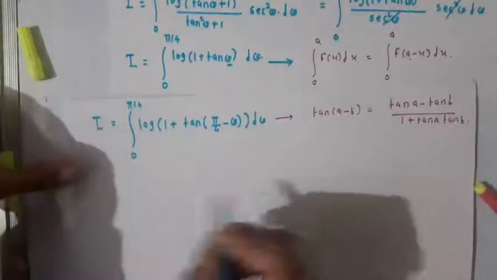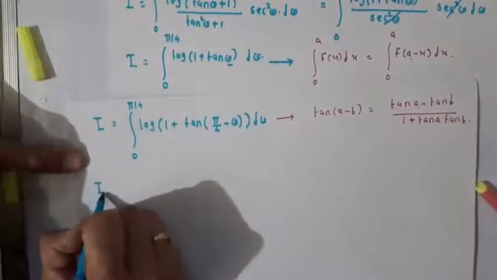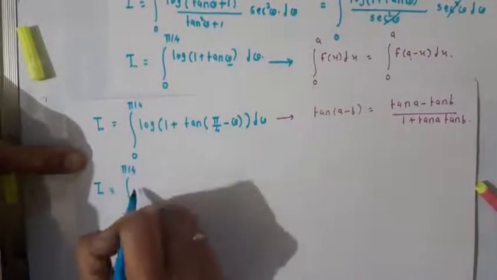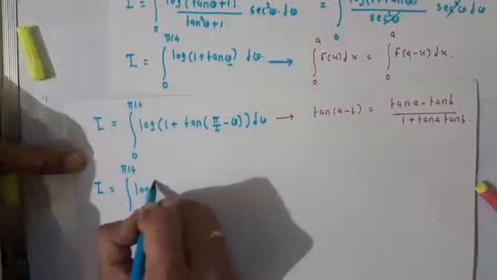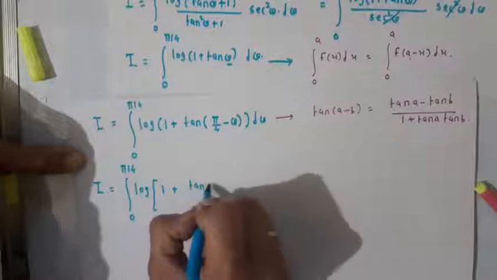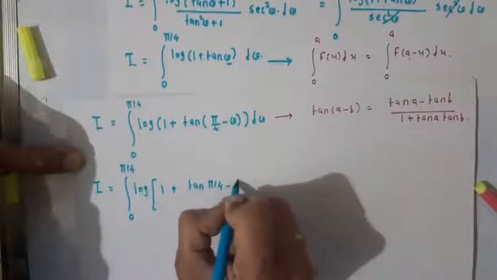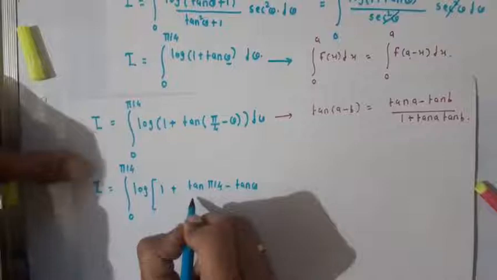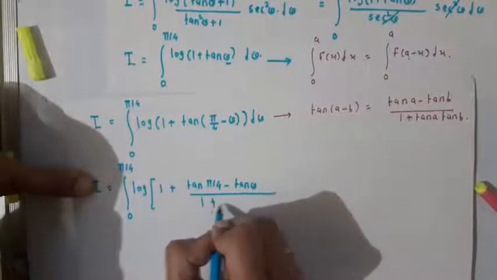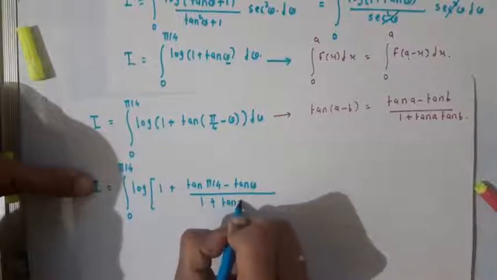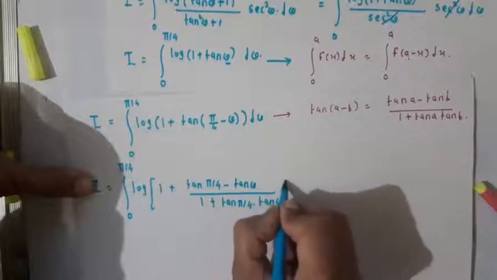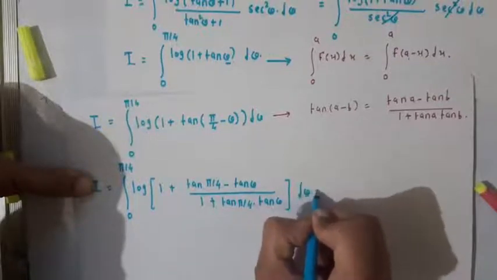In this way, integration I equals 0 to pi by 4 log of 1 plus (tan pi by 4 minus tan theta) upon (1 plus tan pi by 4 into tan theta), and the whole with respect to theta.